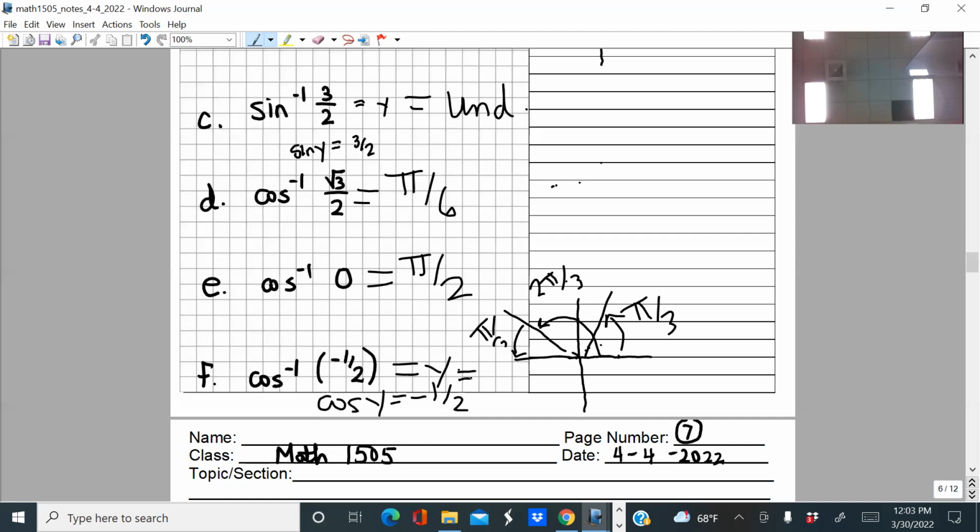So let's fill it in. 2 pi over 3. That's in the right range, right? 0 to pi. And I think if you compute cosine of 2 pi over 3, yeah, the answer was -1/2.